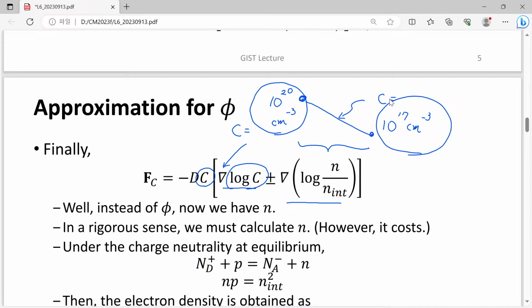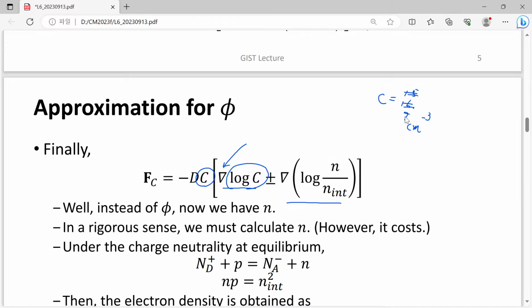So now maybe you may find that dopant density varies more rapidly than this linear-like discretization. So I mean that this one is not that good. Although in analytic sense, this one can be easily written as this one.